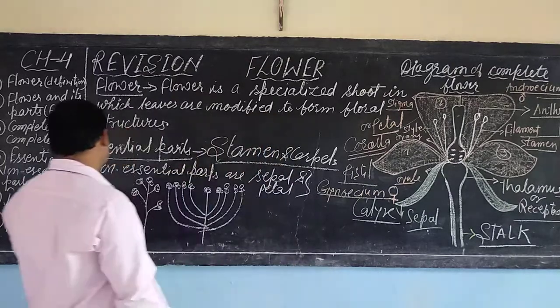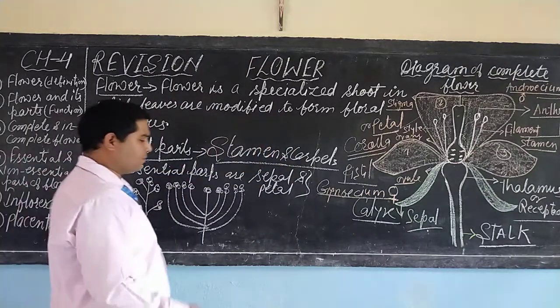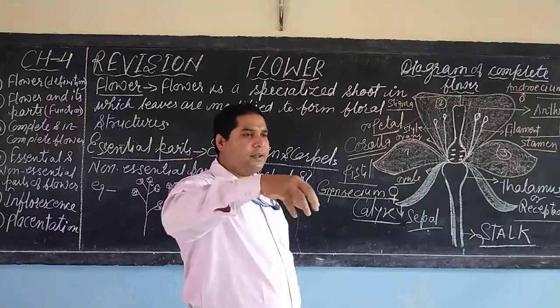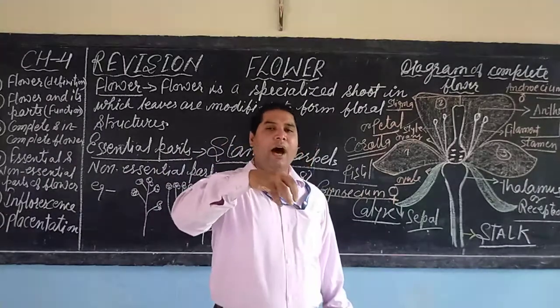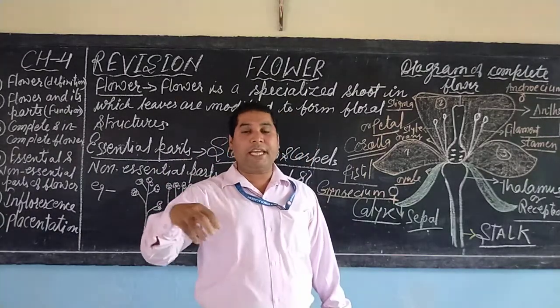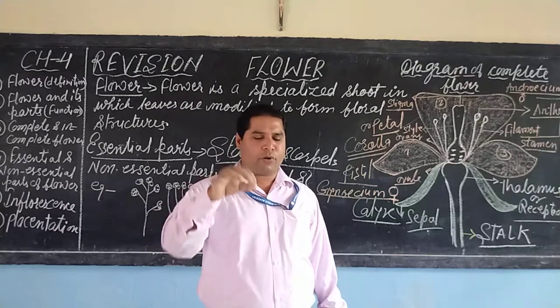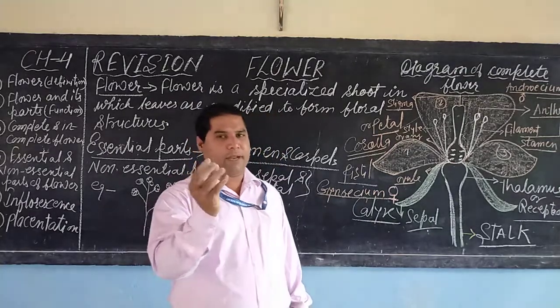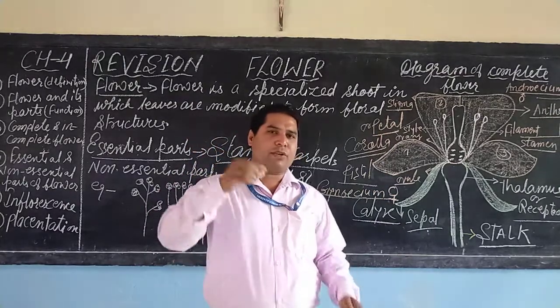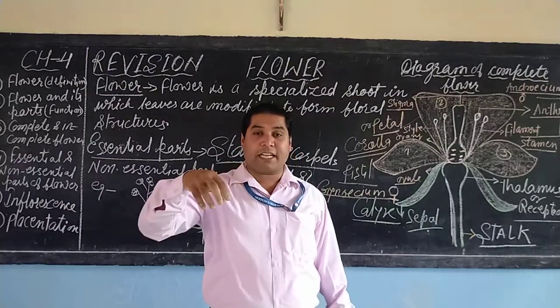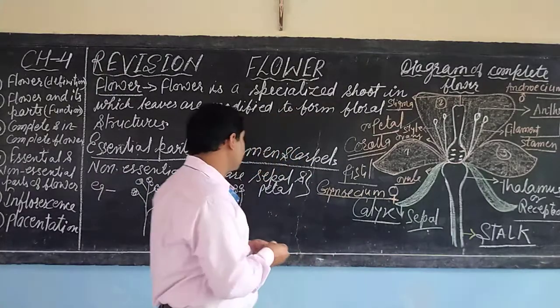Next is placentation. What do you mean by the placentation? Dear student, placement or arrangement of the ovule in the ovary. For example, you may have seen lemon. When you cut the lemon, you see seeds are placed in the different chambers. Have you noticed it?